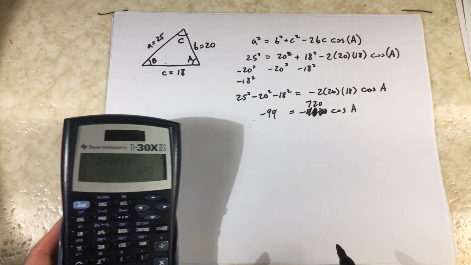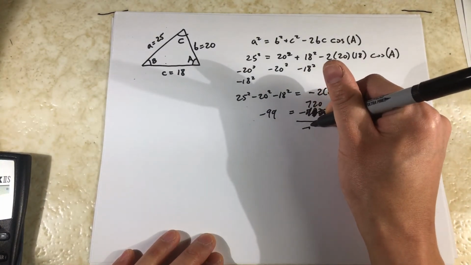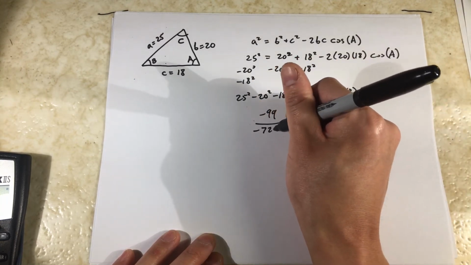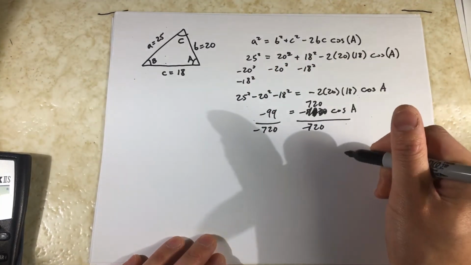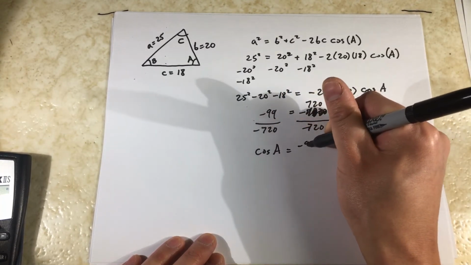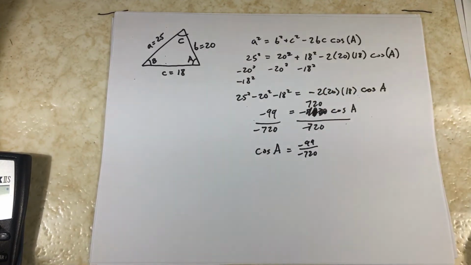Okay. So I'm going to divide both sides by negative 720. So it cancels out over here. So I'm going to put the cosine A on this side. Cosine A is negative 99 over negative 720. You take the inverse cosine of both sides.